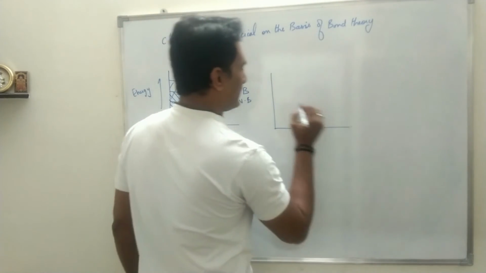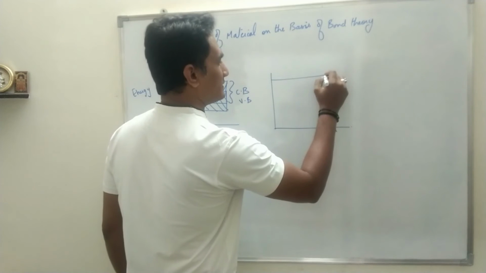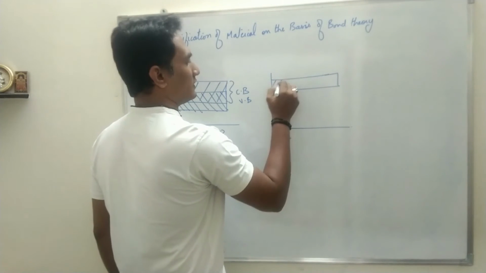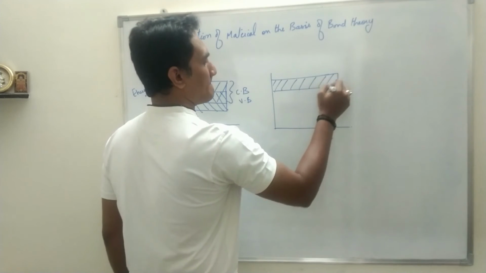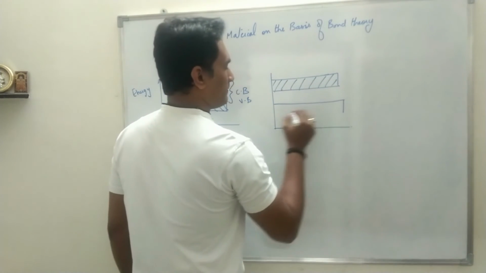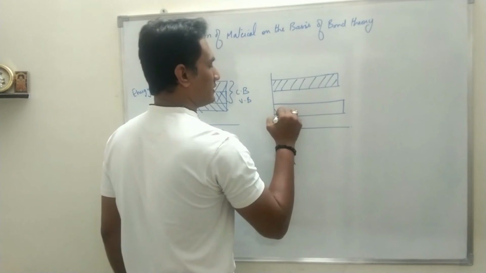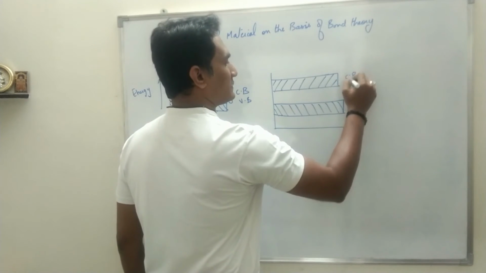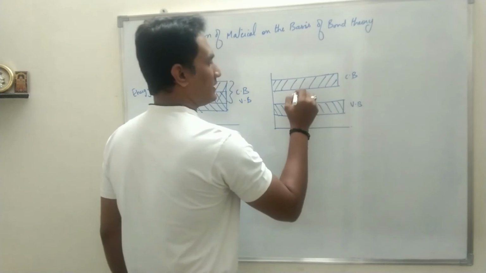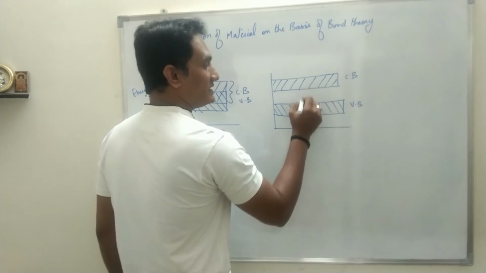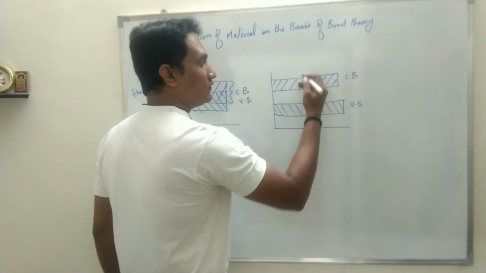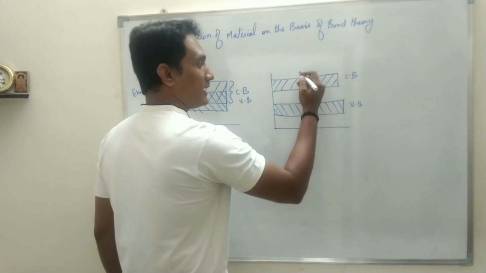Then the second diagram will be like this. Okay, so this is your conduction band, this is your valence band, and this is the energy gap. This is the energy required to move the electrons from valence band to conduction band.